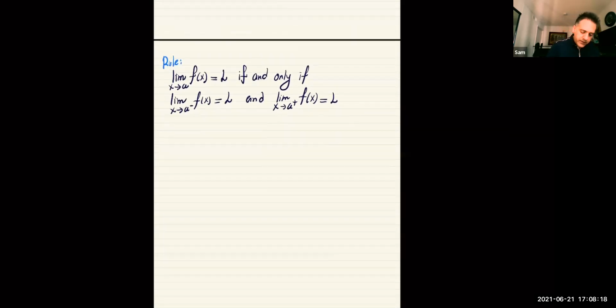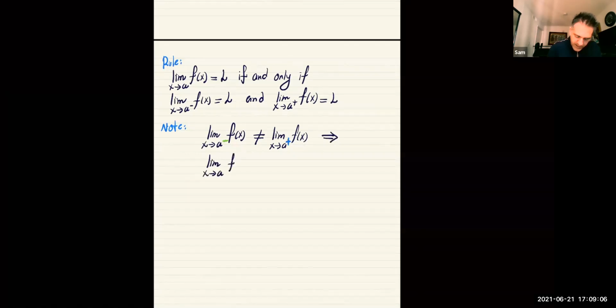Okay, so what does this mean? This means that if the limit as x goes to a from the left of the function is not equal to the limit of the function as x goes to a from the right, if the left-handed limit and the right-handed limit are not the same, then the limit at a does not exist.